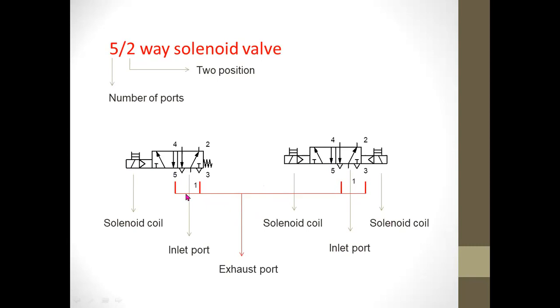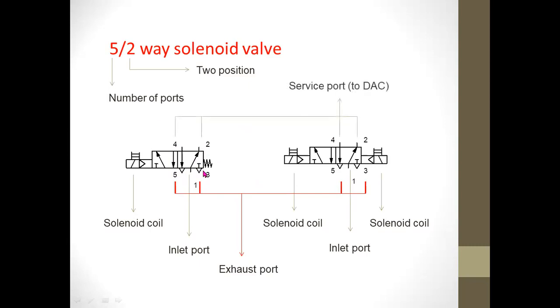As you can see, there are 2 exhaust ports. When you extend the cylinder, the air on the other side will be exhausted at port number 3. When you want the cylinder to retract, the air on the other side will also be exhausted at port number 5.